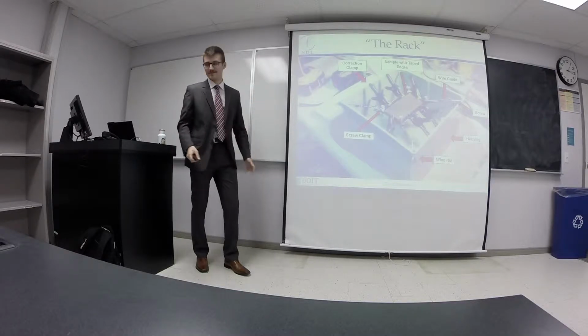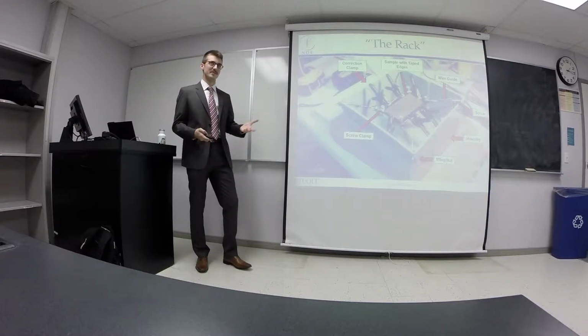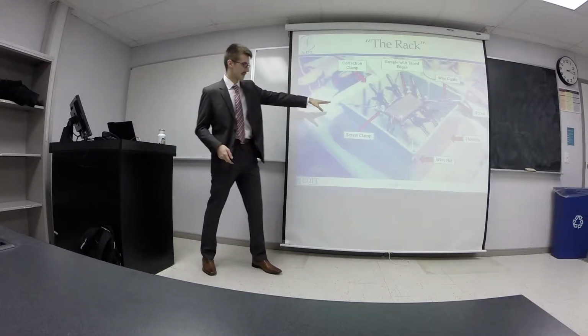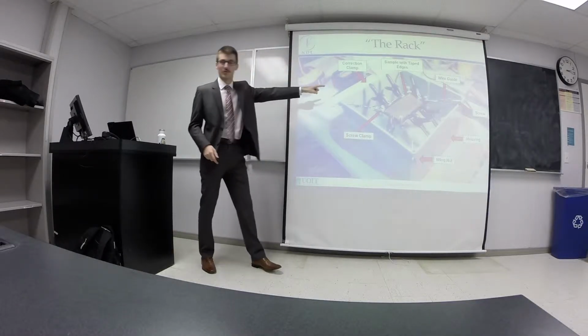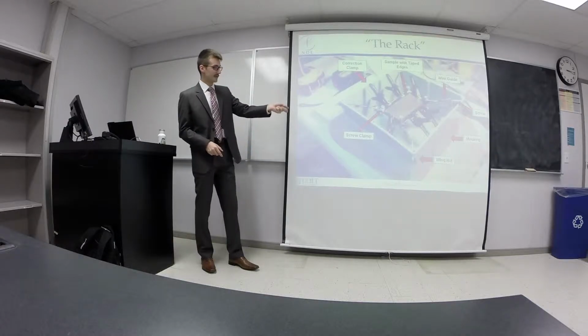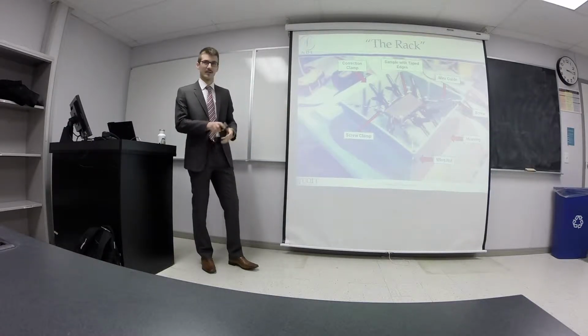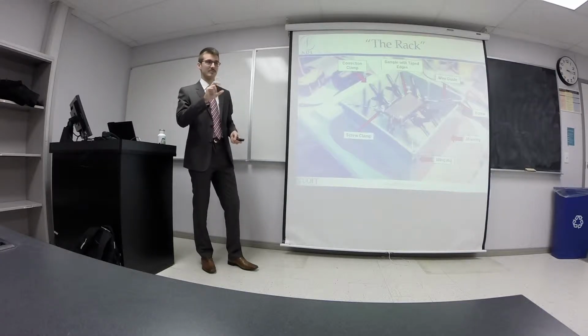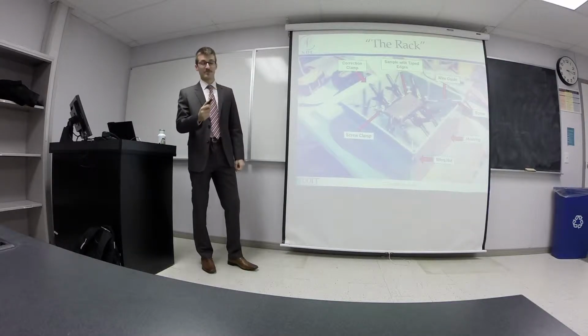So here it is, nicknamed the rack because it resembles a medieval torture device. But essentially what you have here is you have your screw clamps on the side, right here, on each corner. And you have the adjustable wing nut and screws in each corner that allow you to either decrease or increase the tension that the clamps apply on the corners of the sample. The sample itself is taped off.